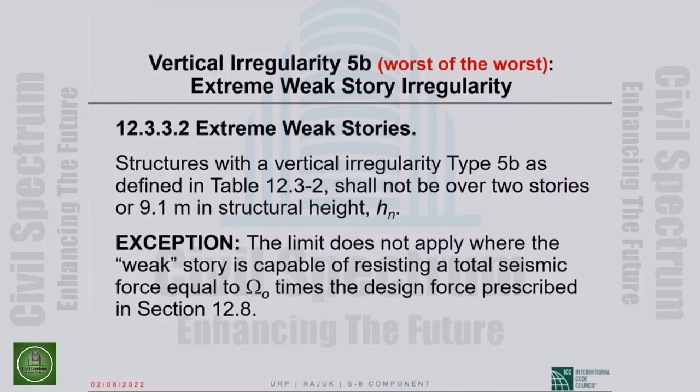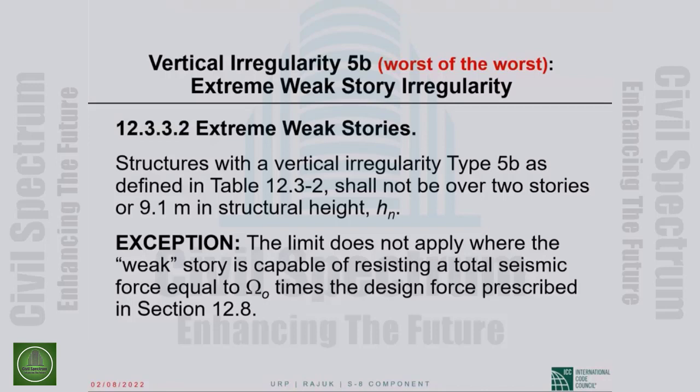The limit does not apply where the weak story is capable of resisting a total seismic force equal to omega sub 0 times the design force prescribed in section 12.8. So the story is weak compared to the upper stories, but it is very strong compared to the lateral forces that have to be resisted.